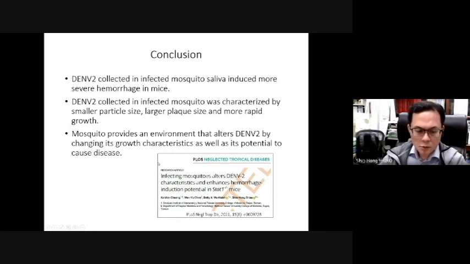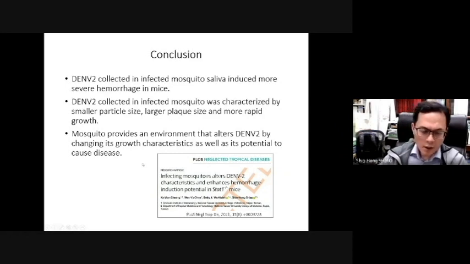So finally, we concluded that dengue virus collected in infected mosquito saliva induces more severe hemorrhage in the mice. We have shown that dengue virus collected in infected mosquito has a smaller particle size, a larger plaque size, and a more rapid growth rate.